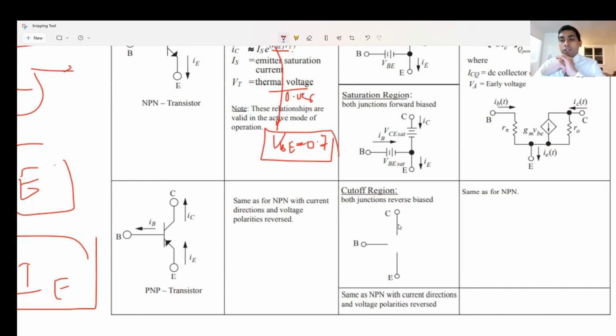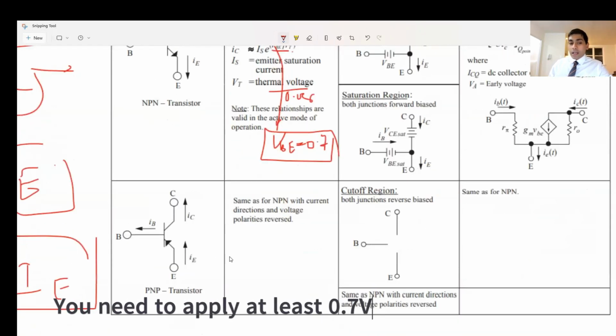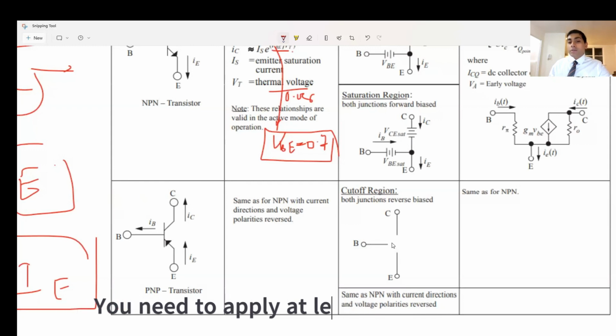So when it's an open circuit, that's the cutoff region. Usually, it would be when you're not supplying enough base to emitter voltage. As I said, you need to apply at least a 0.7 threshold voltage for it to work. If you're not applying at least 0.7 volt between base and emitter, it would not conduct. So in that case, it's operating in your cutoff region.